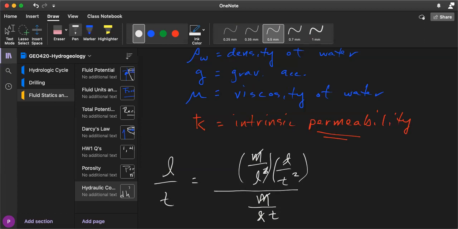So we end up with 1 over length. And this cancels out. So we are now, this guy simplifies to 1 over length times time.